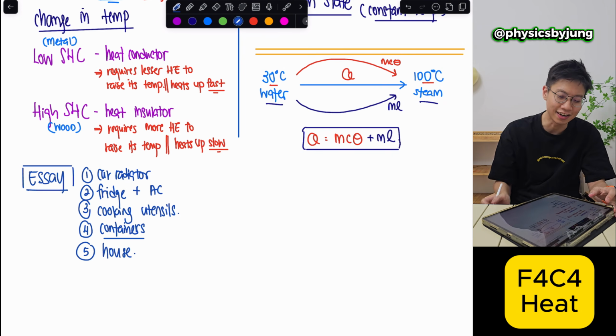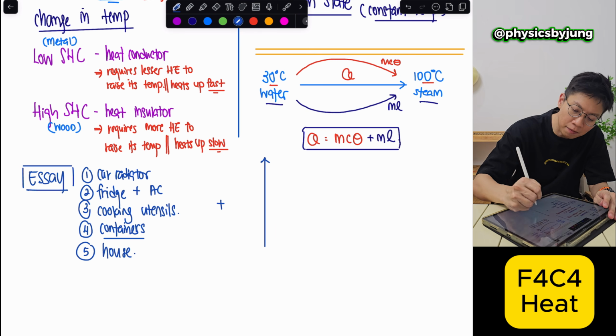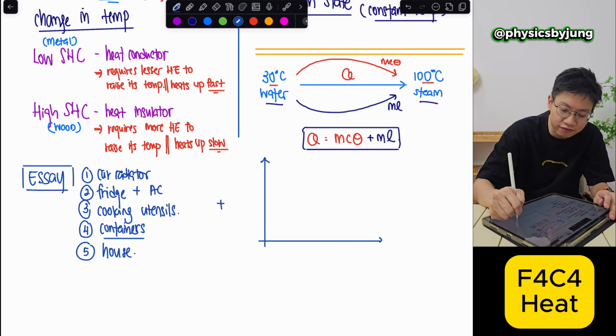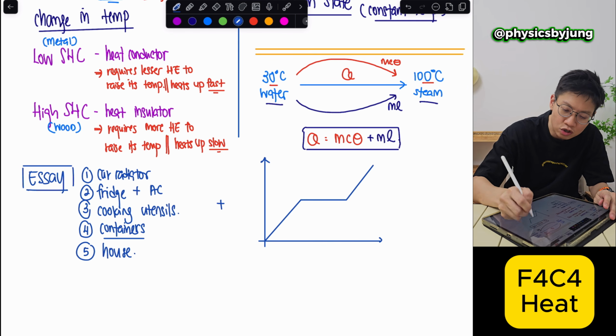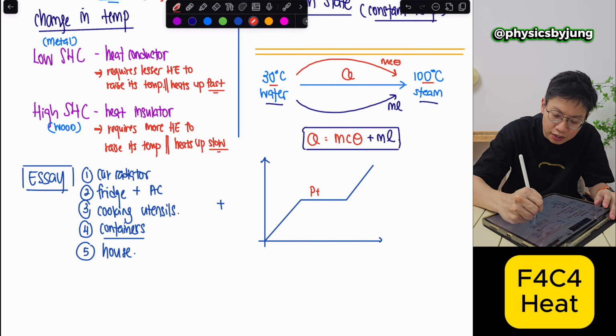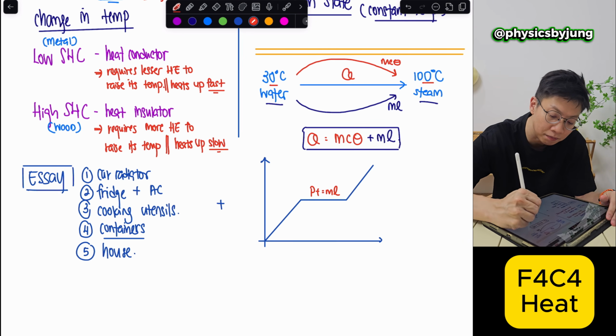Then after that, always remember phase diagram calculation, very important. So what are your calculations? Here usually we will do Pt = mL, because that's where your phase change happens.